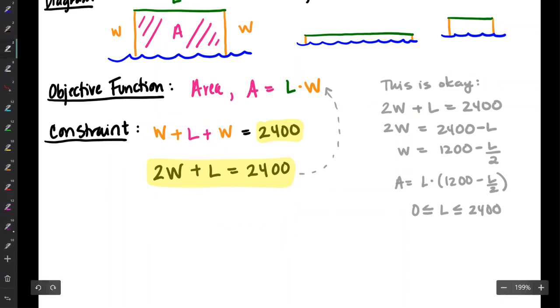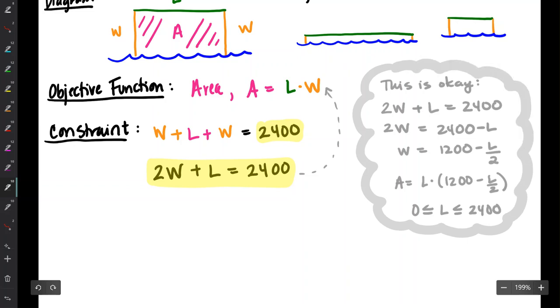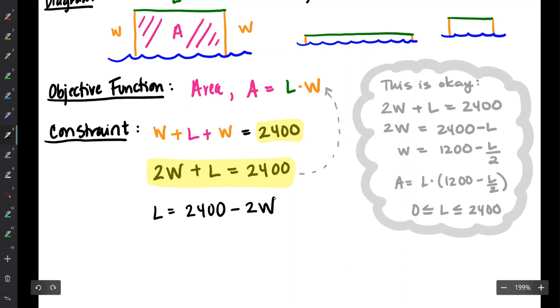All right, so this is a perfectly fine option, but I am instead going to solve for L just to not have a fraction here. So L would be 2,400 minus 2W.